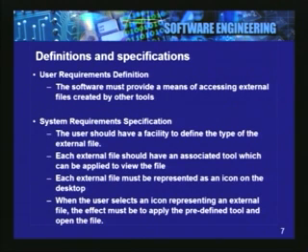Here's an example of a user versus system requirement specification. The first bullet on the slide refers to a requirement that states that the system that is being put together has to provide a means of accessing external files created by other tools.